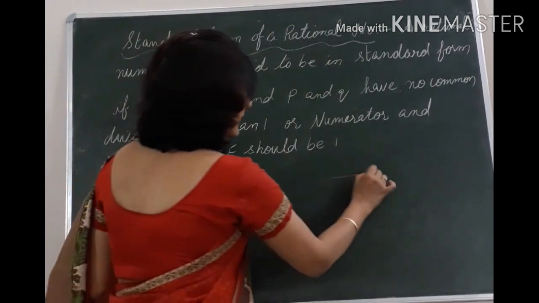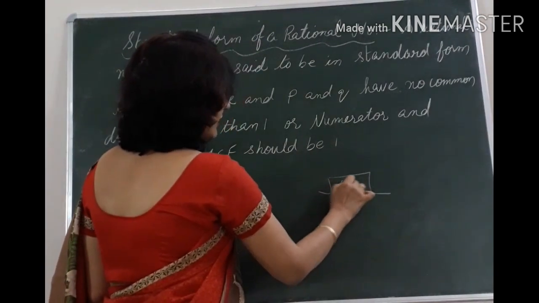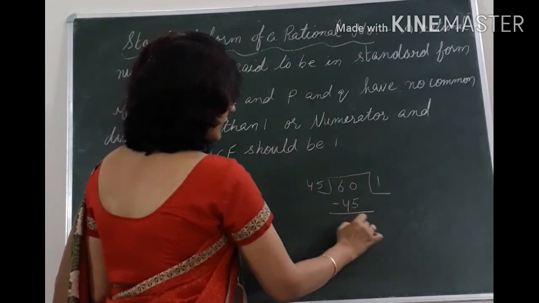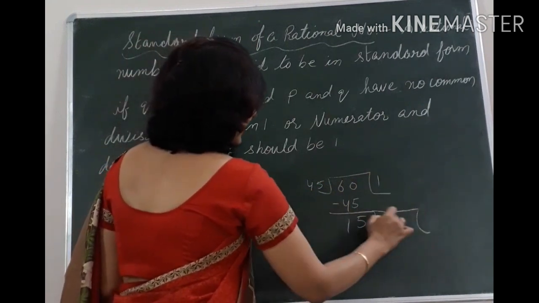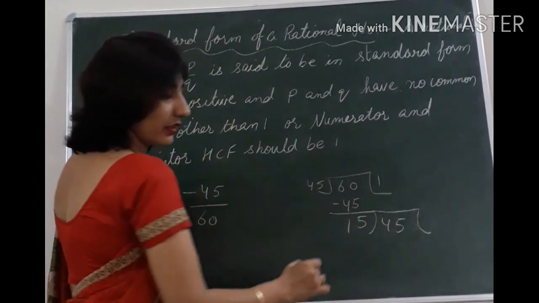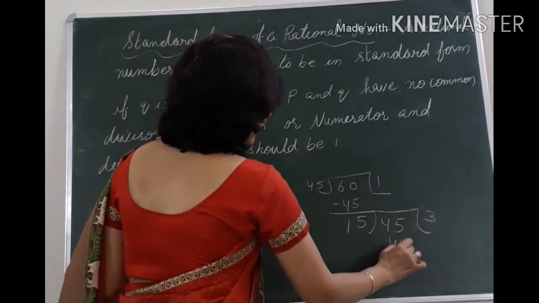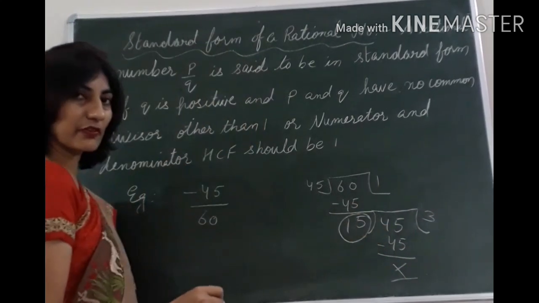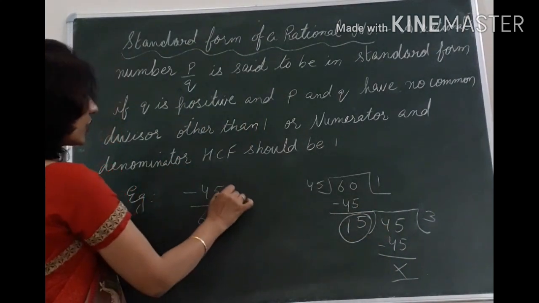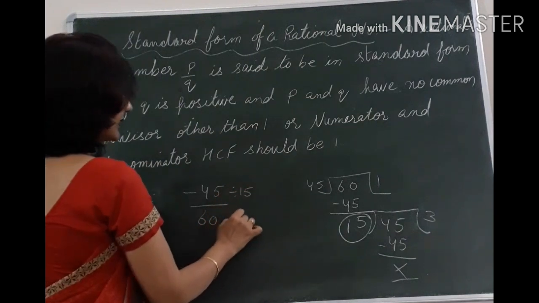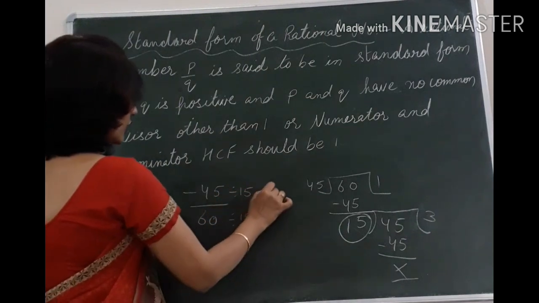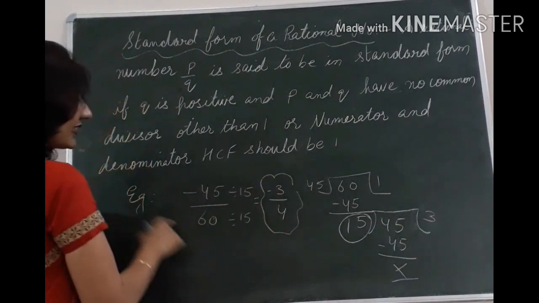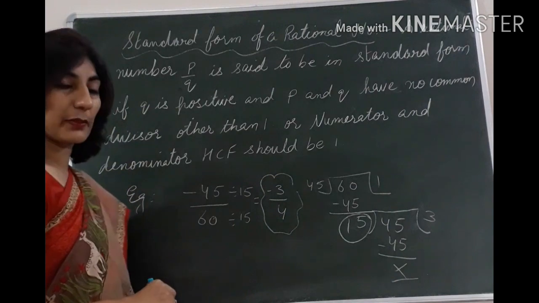If I find the HCF of 45 and 60, 45 ones are 45, remainder 15, then this 45 will come inside, 15 threes are 45. So this last divisor will be the HCF, means 15 is the HCF. So I will divide the numerator and the denominator by 15. So it will come minus 3 by 4, which is the standard form of this rational number minus 45 upon 60.